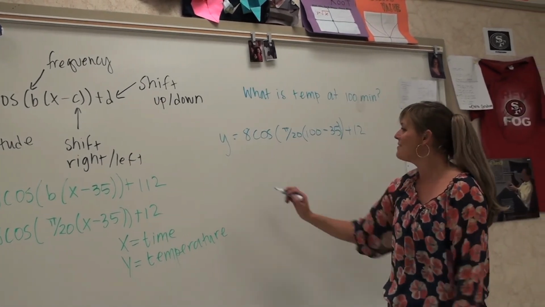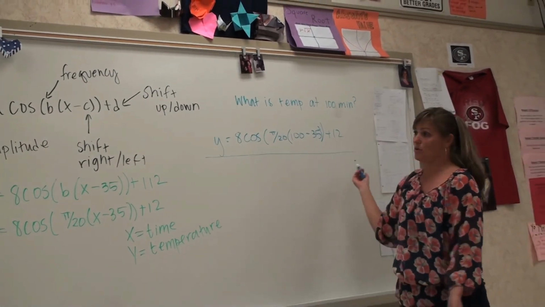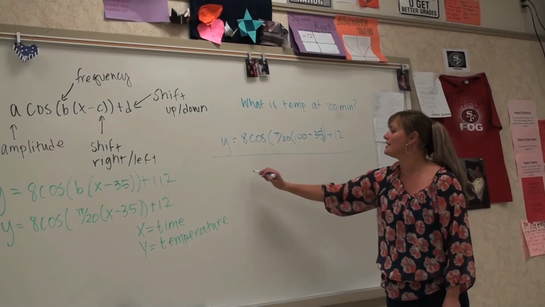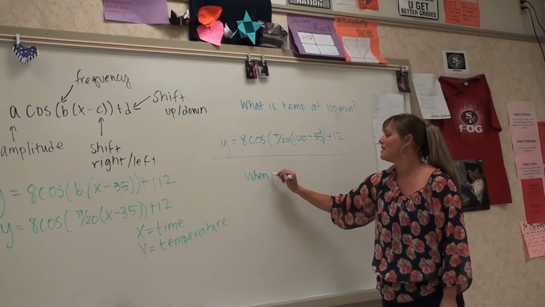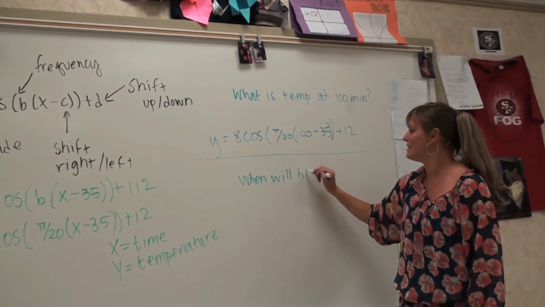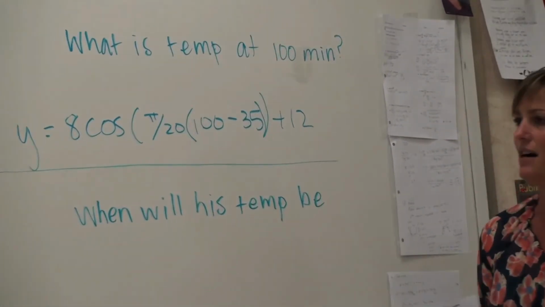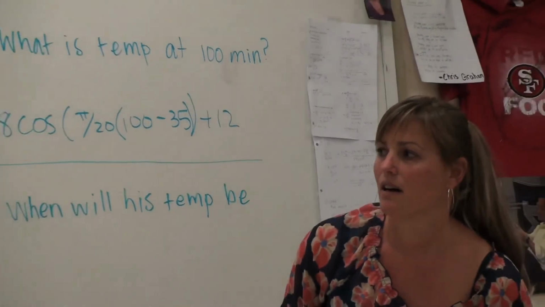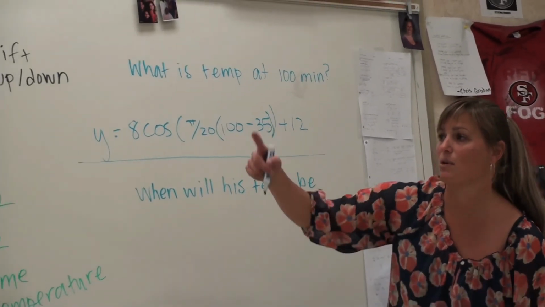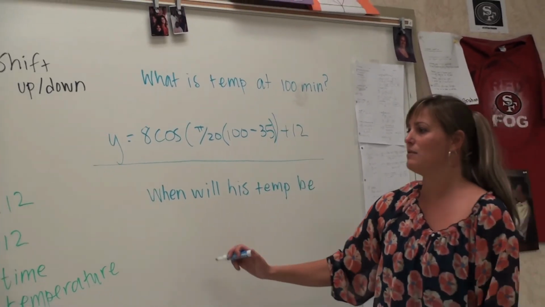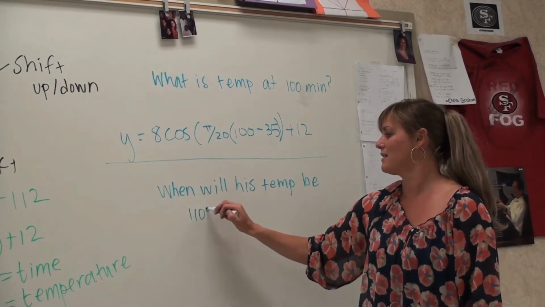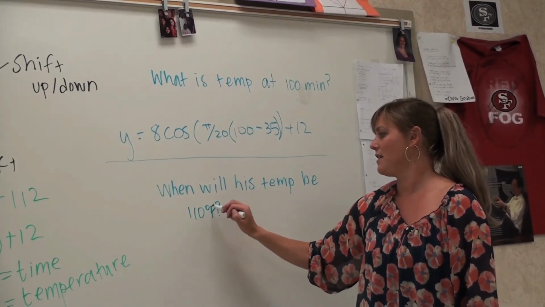And then the maybe more difficult or maybe more interesting question is, when will his temp be, I don't know, let's say he's going between 104 and 120, so when will he be at exactly 110 degrees Fahrenheit?